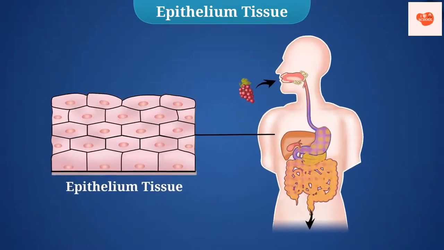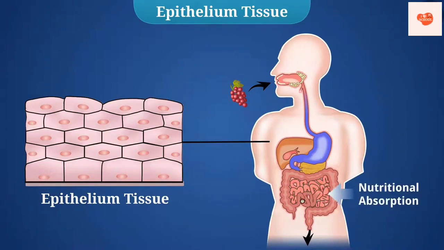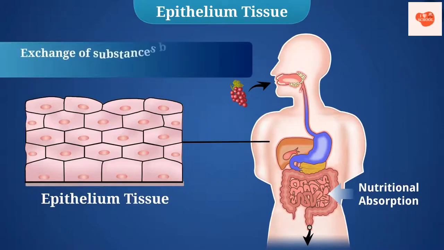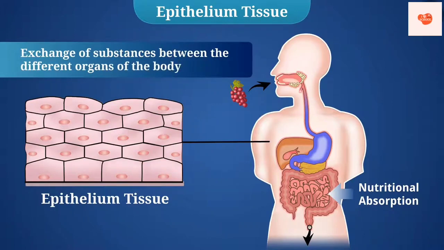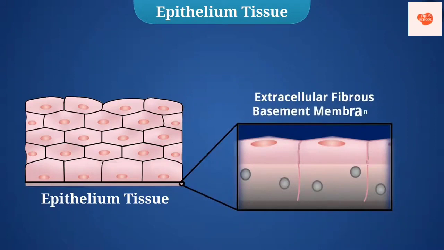That's why there is permeability between epithelial layers, which plays an important role in exchange of substances between the body and the external environment and between different organs of the body. Generally, an extracellular fibrous basement membrane separates all epithelium from the underlying tissues.